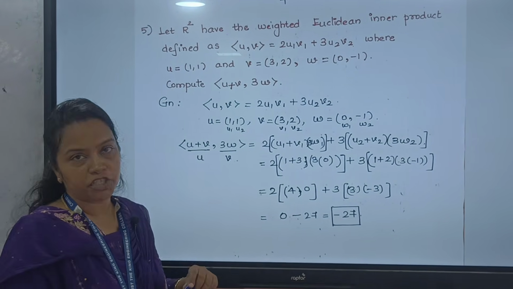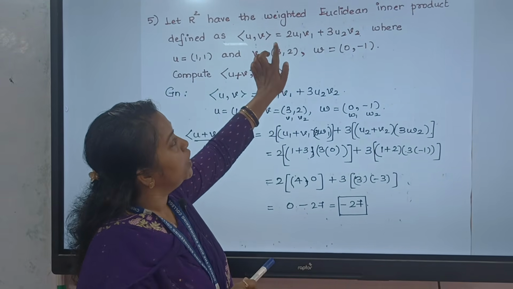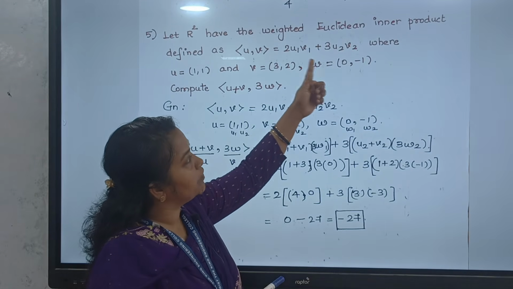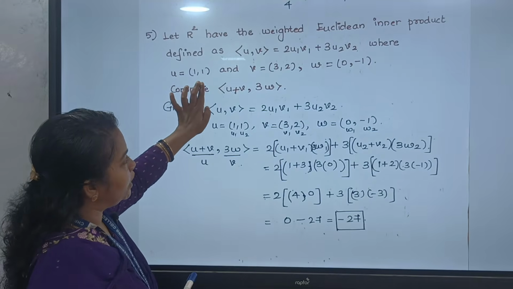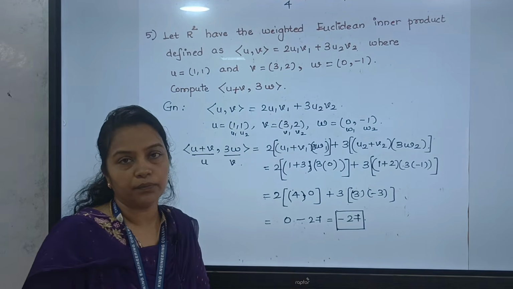The inner product u v is defined as 2u1 v1 plus 3u2 v2. This is the given definition, where u, v and w are given values.